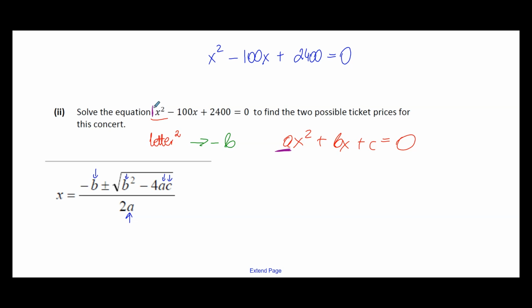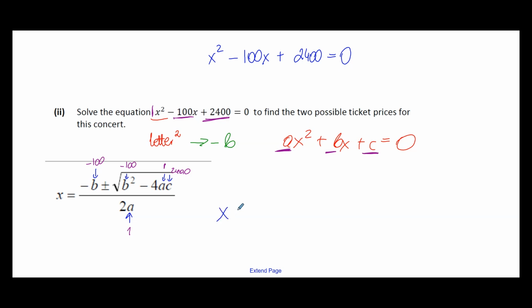What number stands here? 1. So everywhere I have a, I'm going to have 1. b is the number that stands beside x with no power. In our case, minus 100 stands here, so I'm going to have minus 100 in both places. And then c has no x, therefore 2,400.